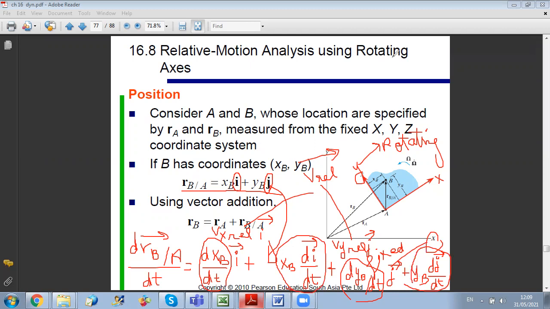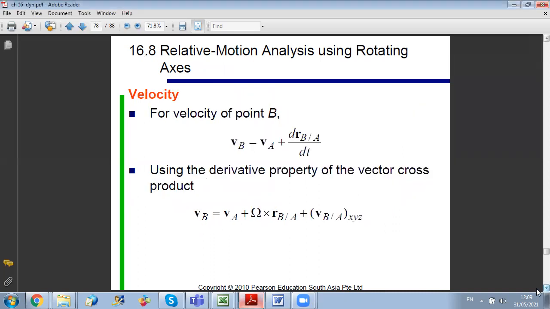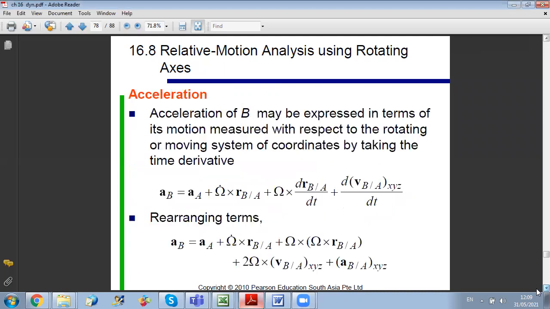So now our purpose is to determine what di by dt and dj by dt are, to be able to find the expression. In order to find di by dt, we will do a small analysis similar to what we did before with the unit vector. Same concept. You will see how. So let me draw it for you.